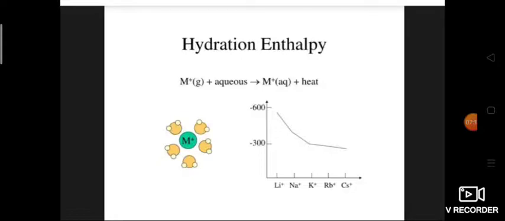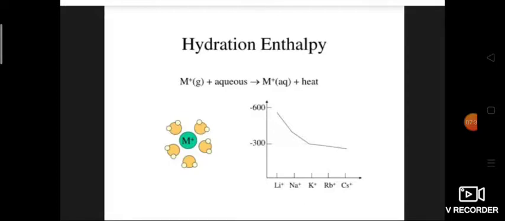So it decreases as the size of the alkali metal increases. The order of hydration enthalpy: lithium has more hydration enthalpy than sodium, potassium, rubidium, and cesium. Cesium has less hydration enthalpy because the size of the alkali metal ion increases.